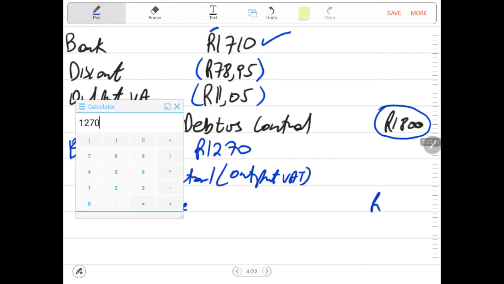Then we have 1,270 by 100 over 114. This is 1,114.04 minus 1,270, which will be 155.96.